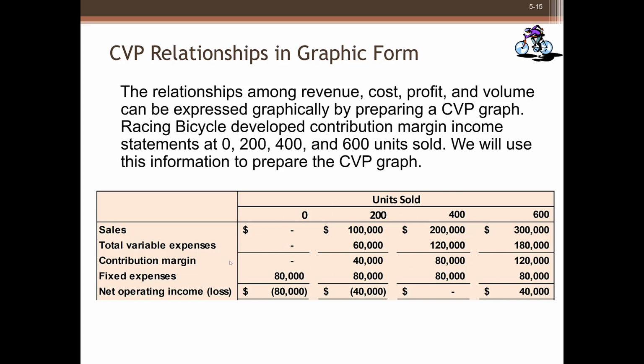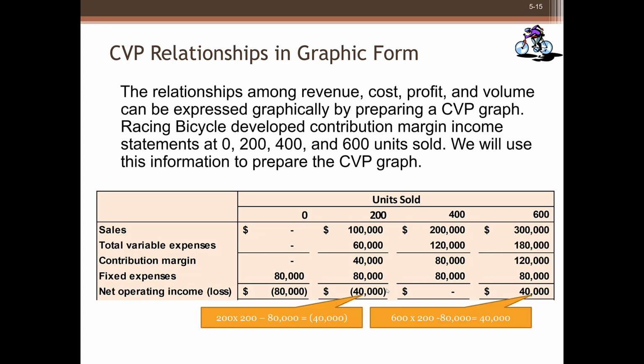We can calculate net operating income based on the contribution margin income statement. We have total sales minus total variable expenses, and then we get the contribution margin, minus fixed expenses, and we get net operating income for different levels of units sold. Of course, we can use a shortcut.